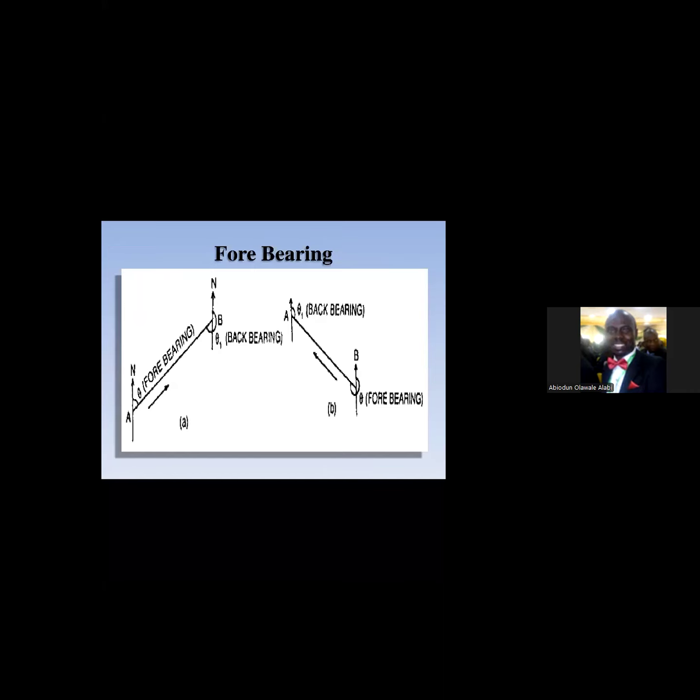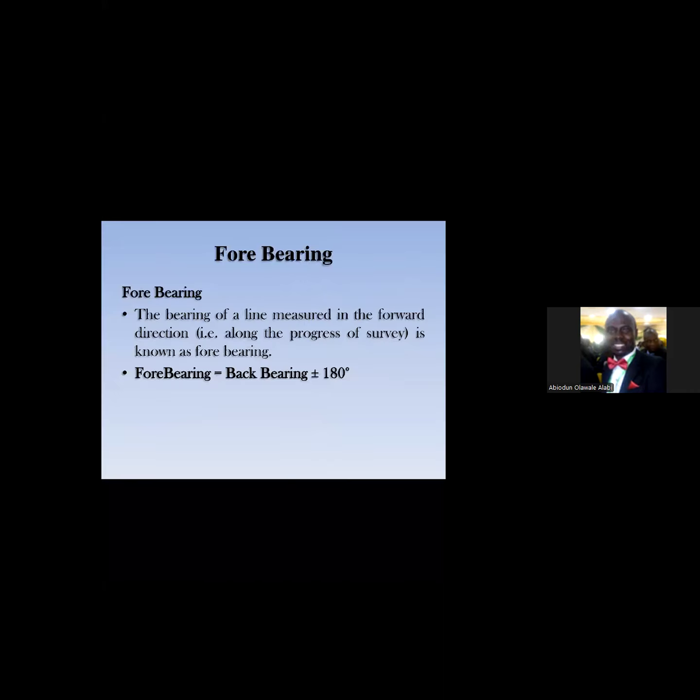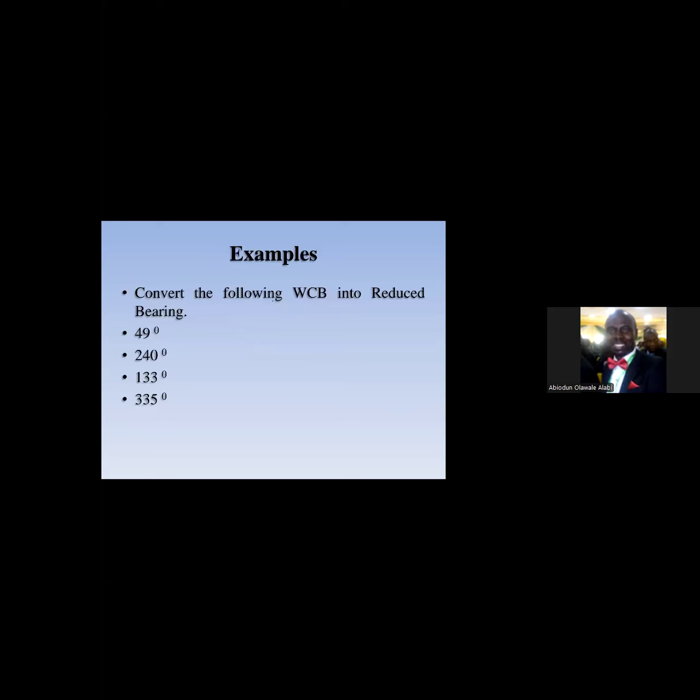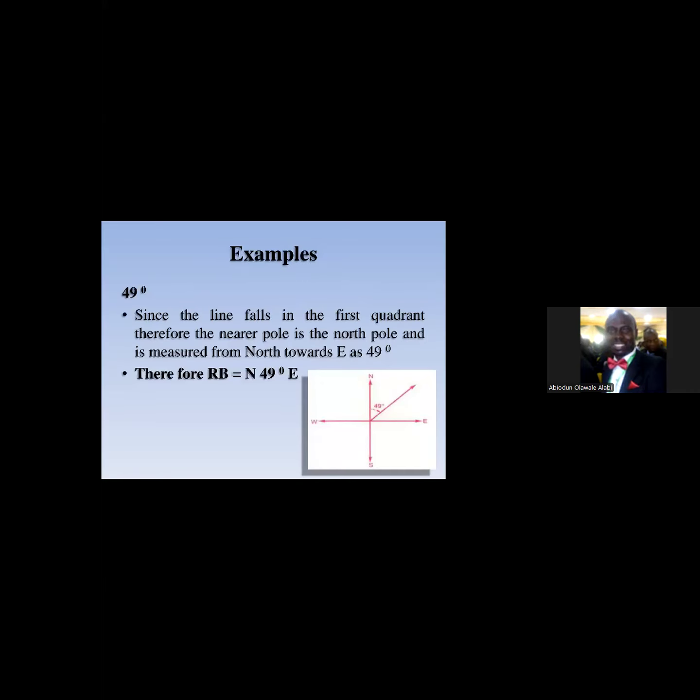So we've looked at forward bearing and back bearing, and I've explained the mathematical relationship between back bearing and forward bearing, and how to get back bearing from forward bearing and vice versa. So we looked at all these, examples, conversion.